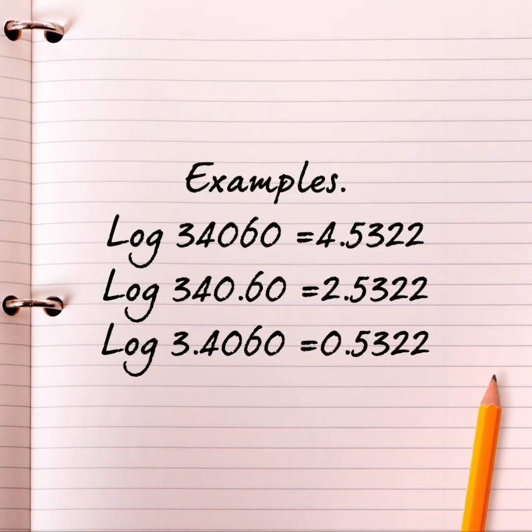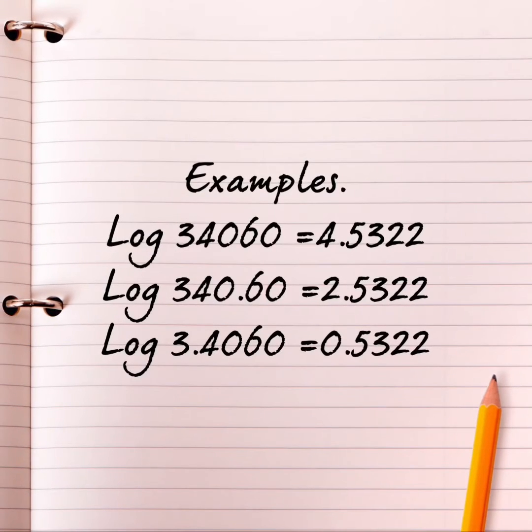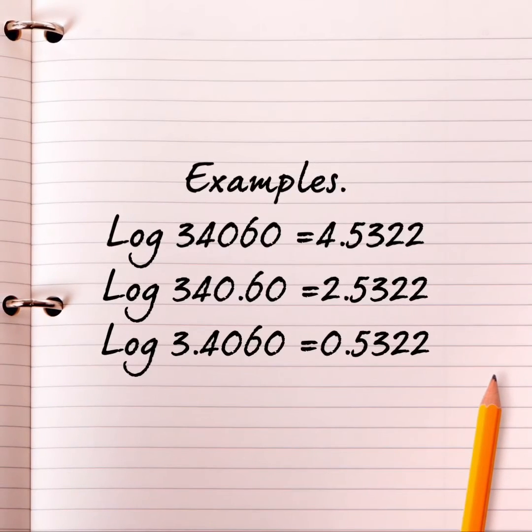Then the second one I have log 340.60. I have 2.5322. The characteristic is 2, the mantissa is 0.5322.